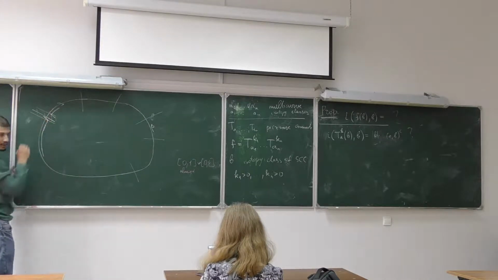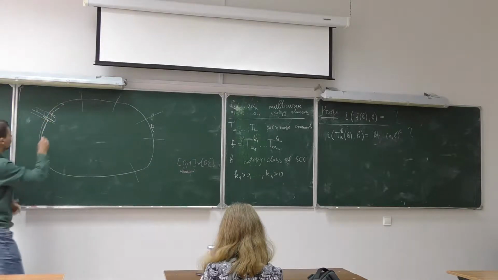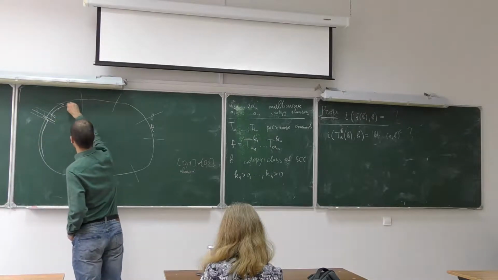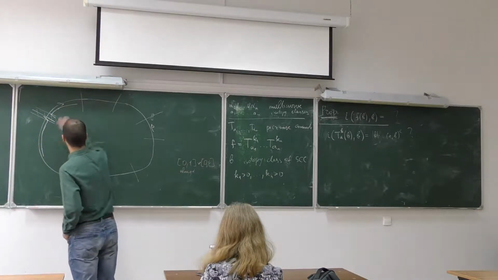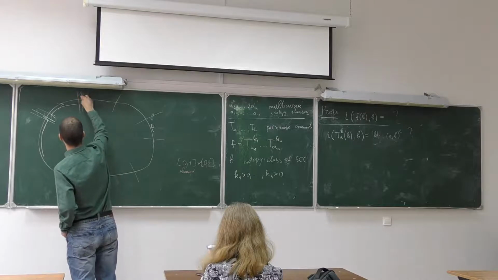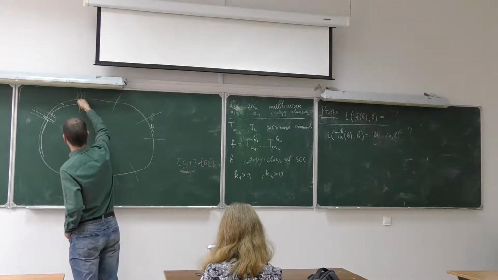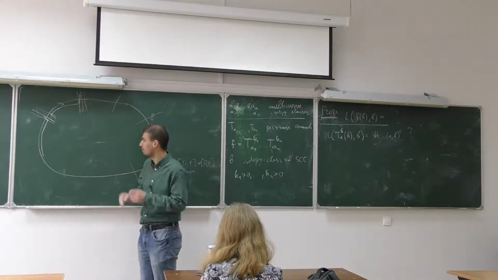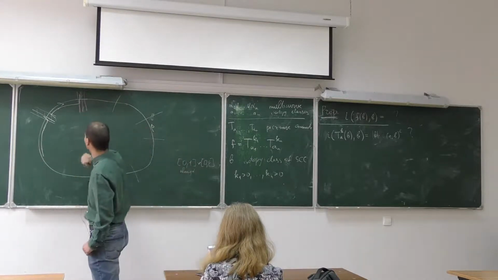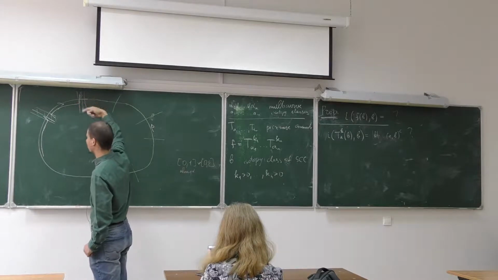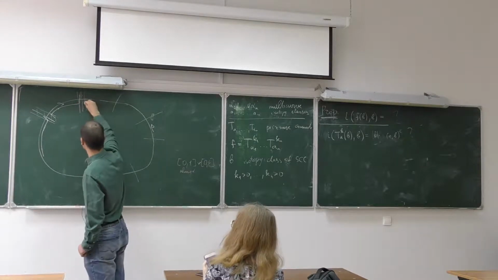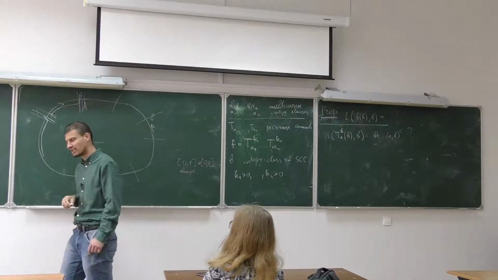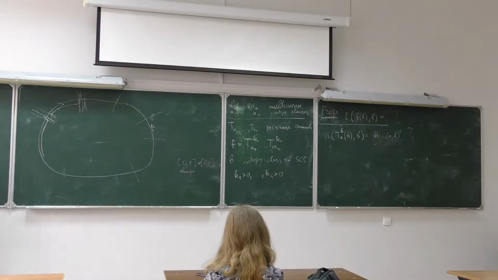And then we proceed, and so on. But when we arrive here, we again go left and choose our direction so that we make k rotations before we pass to there, and so on.